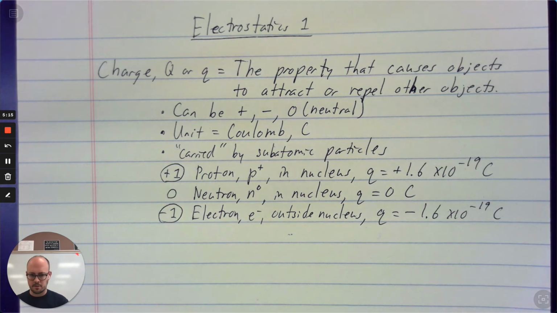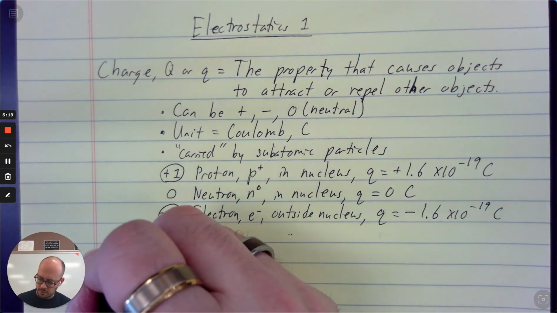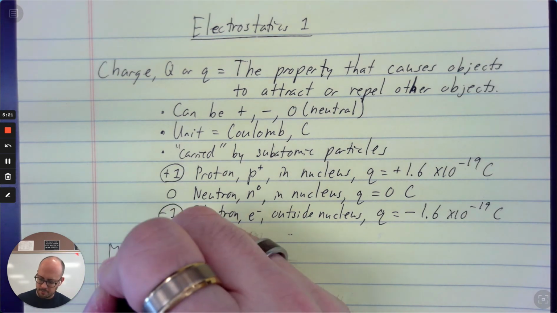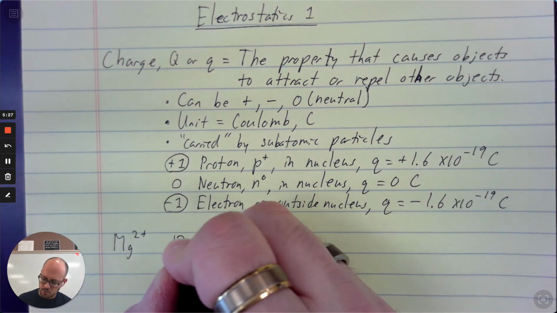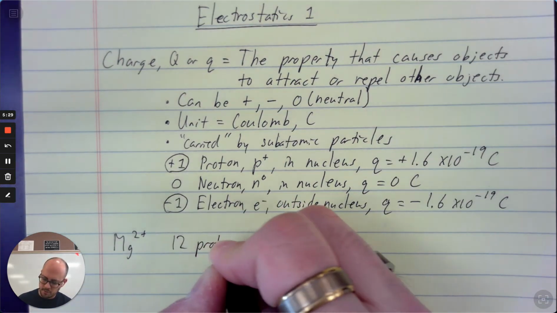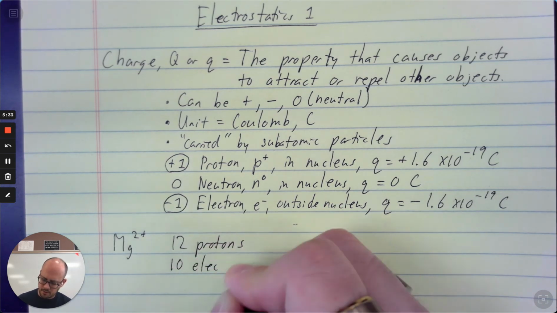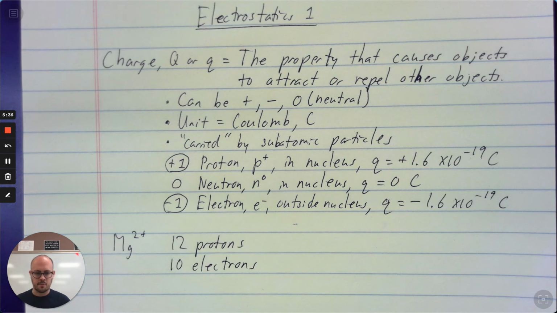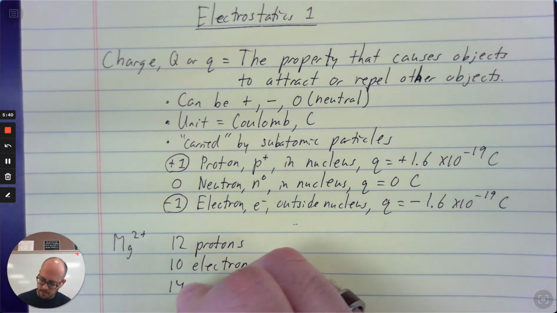So, our little chemistry review: if we have the magnesium 2+ ion, it has the following properties. It has 12 protons, it has 10 electrons, and just for the sake of saying it, it has 14 neutrons.